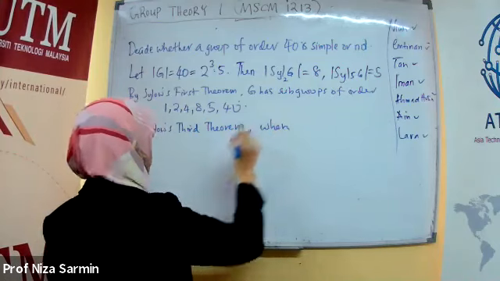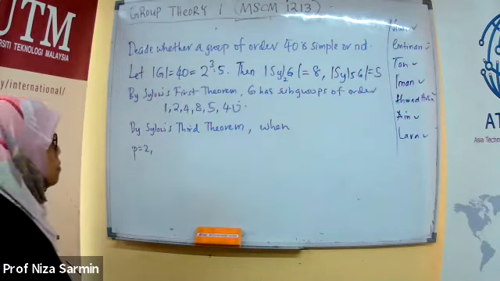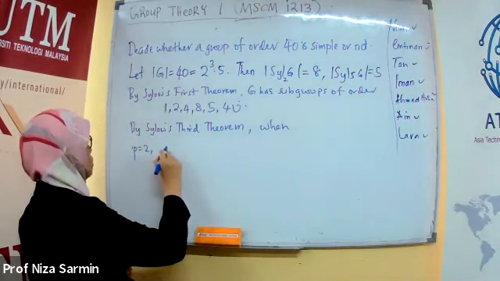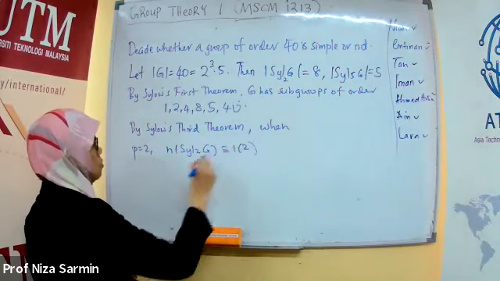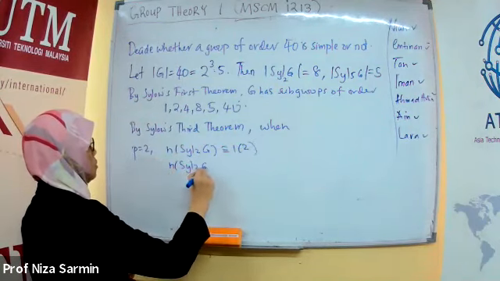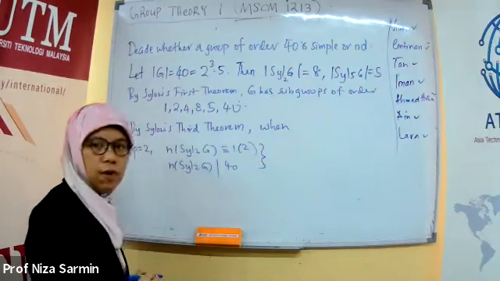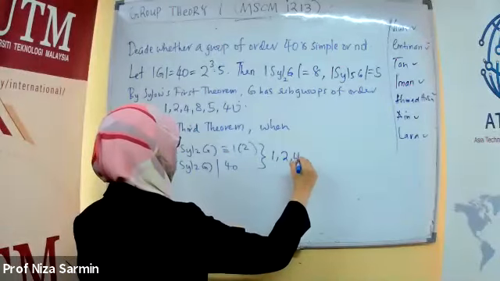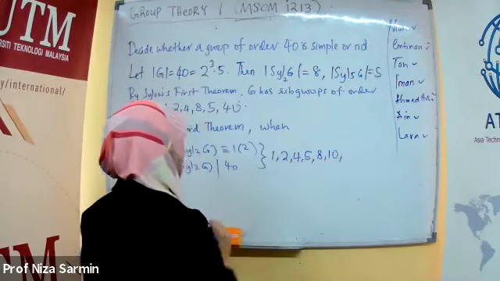When p is 2, the number of Sylow 2 subgroups of G is 1 mod 2 and divides 40. Okay, Lava, give me all factors of 40. 1, 2, 4, 5, 8, 10, 40.